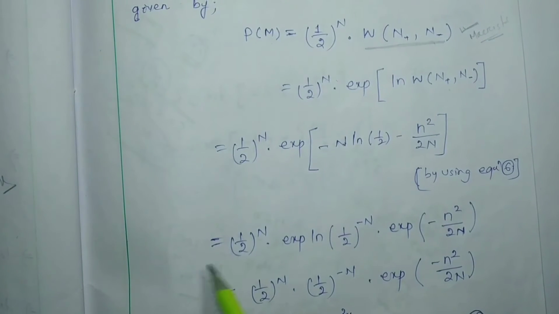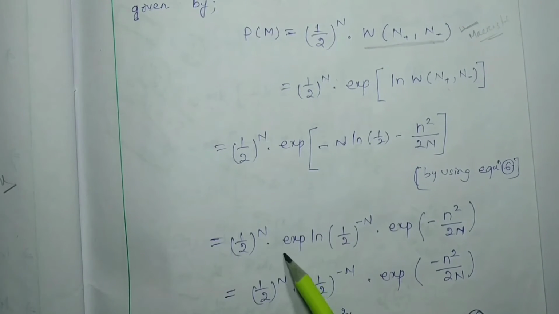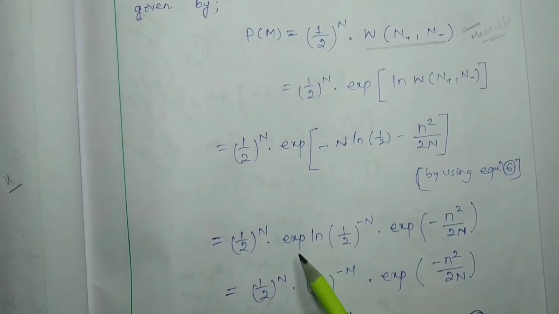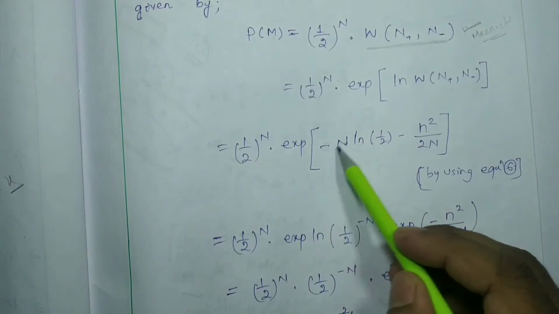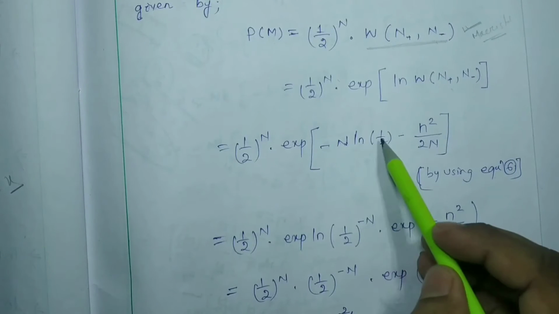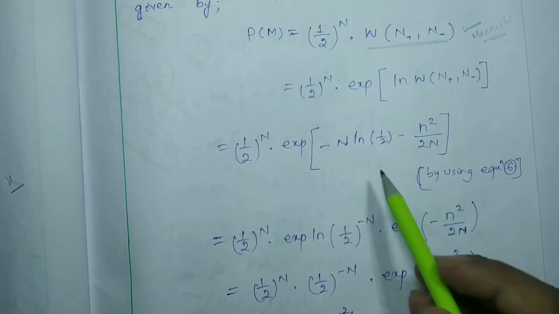So it is equal to 1 by 2 to the power N times exponent of, here this minus N can be written like this: ln (1 by 2) to the power minus N, and exponent is there.